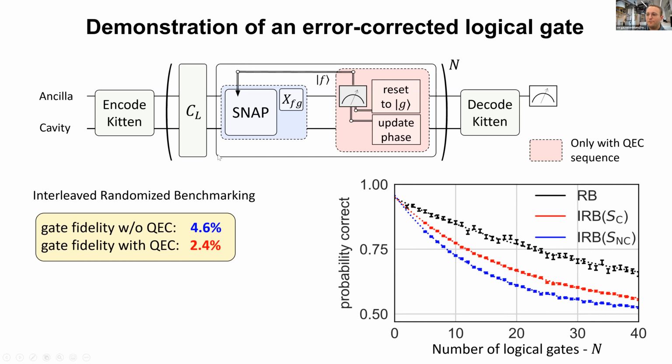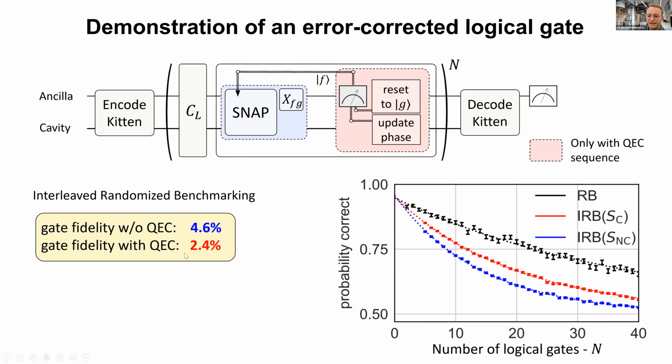And then we measure the probability that after n such cycles, we get to the correct logical state. And by looking at how quickly the fidelity goes down with the number of cycles, we can then deduce the error of our gate.